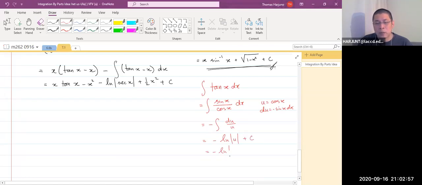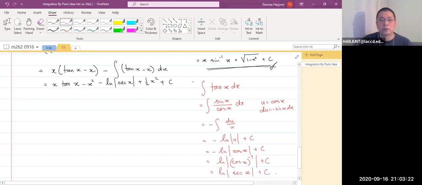But my u is cosine x, right? I will bring this negative exponent to the front, so this will be cosine x to the power of -1, the reciprocal of cosine x. But the reciprocal of cosine x is secant x.